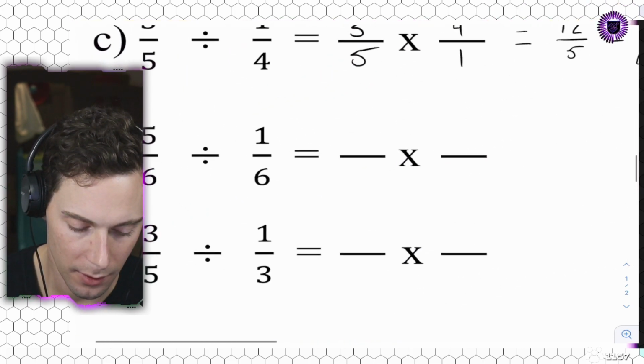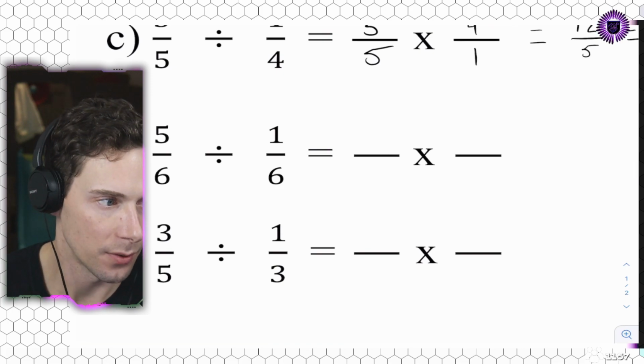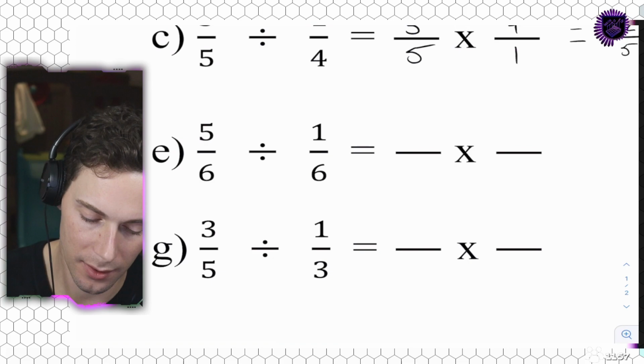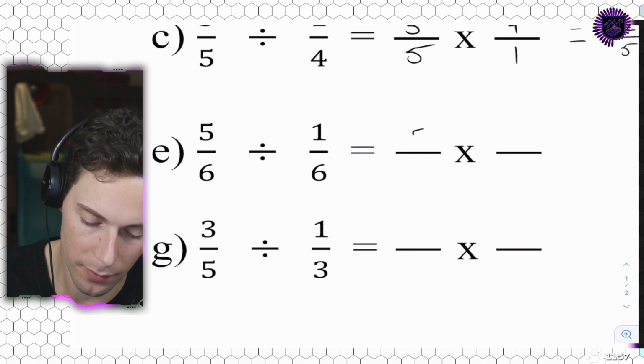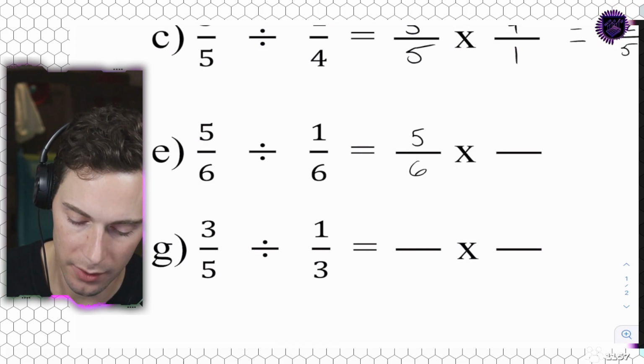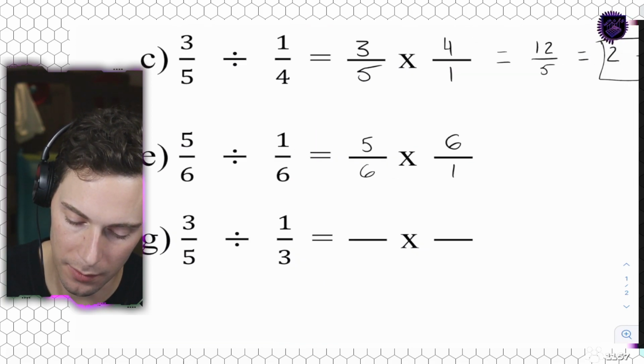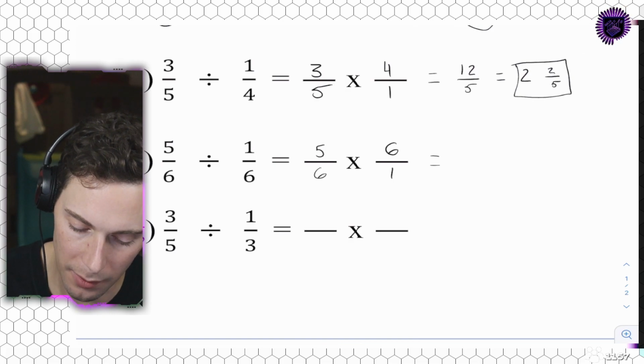All right. E. Let's do E. We have 5/6 divided by 1/6. So we're going to say this will be equivalent to 5/6 multiplied by 6/1. We can then do our multiplication.